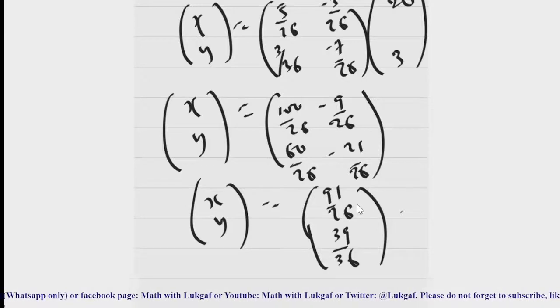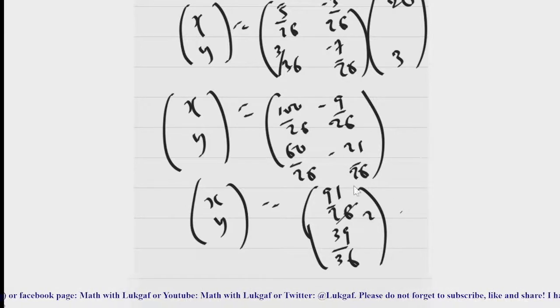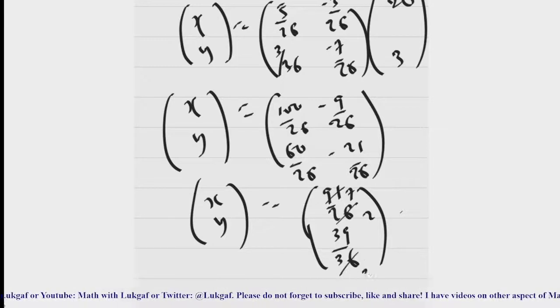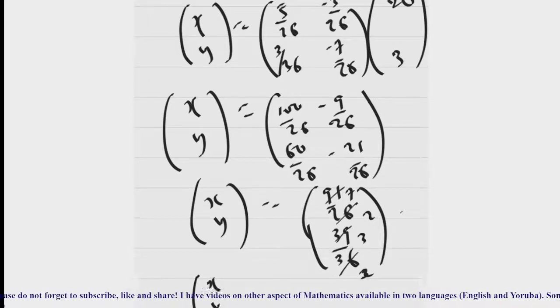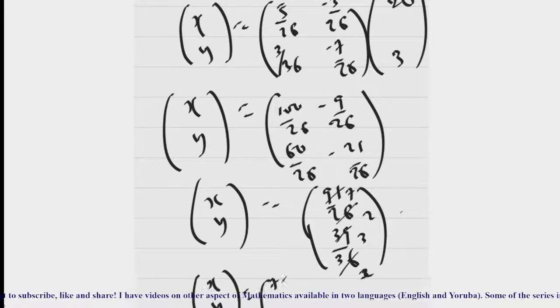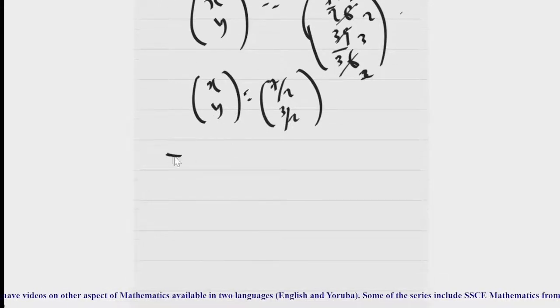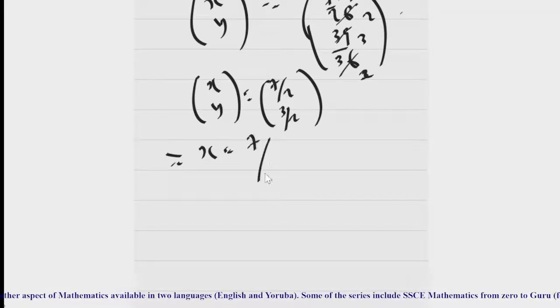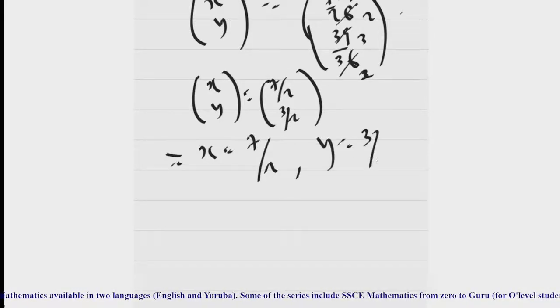So 13 can go here, 13 here 2, 13 here 7, right? 13 here 3, 13 here 2. Then we have that our x, y is equal to 7/2, 3 divided by 2. So therefore, x is equal to 7/2 and y is equal to 3/2.